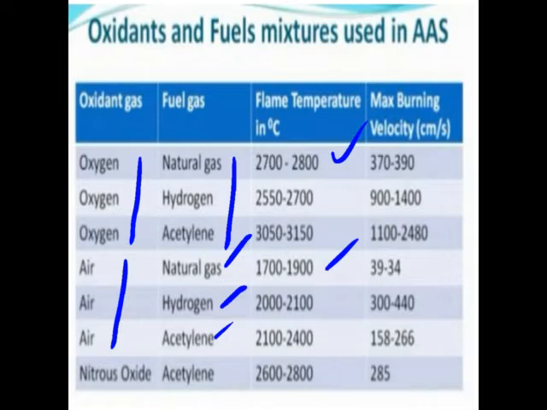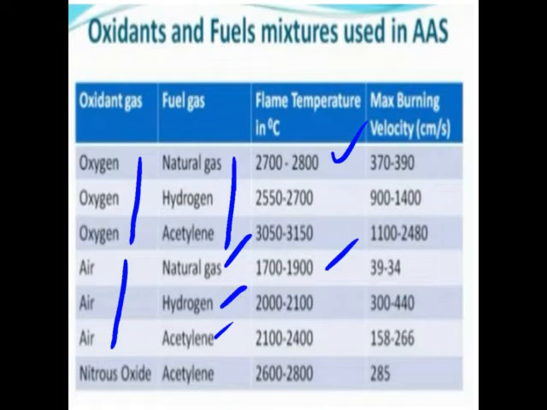And if air and acetylene is the combination, we get a temperature of 2100 to 2400. Okay, so the temperature changes if we change the fuel gas. And finally, nitrous oxide and acetylene are used. Generally we get a temperature of 2600 to 2800. So this is the temperature of the flame we get if we change the oxidant gas as well as the fuel gas. This is important for the generation of the flame.